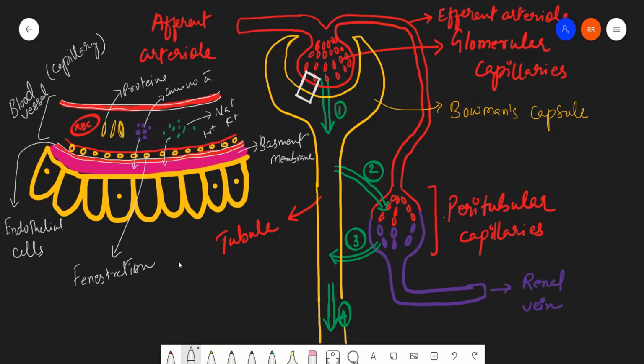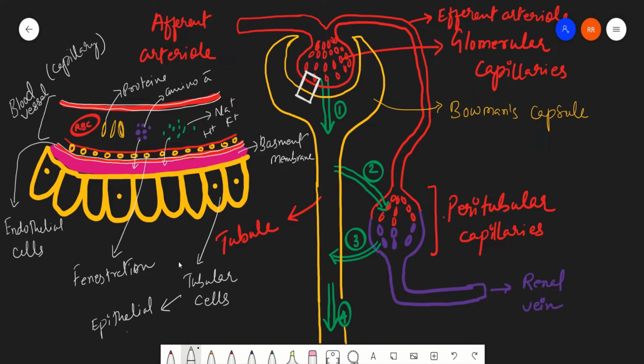Once the basement membrane is crossed, you can see the tubular cells. This yellow color is your tubular cells, and these cells are nothing but epithelial cells.